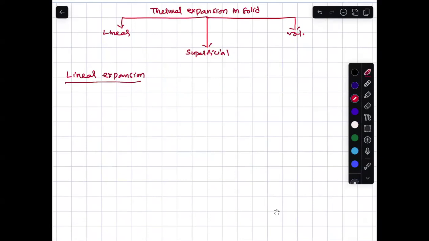I am assuming that at some temperature T naught, that's the length of the rod, which I will call L naught.